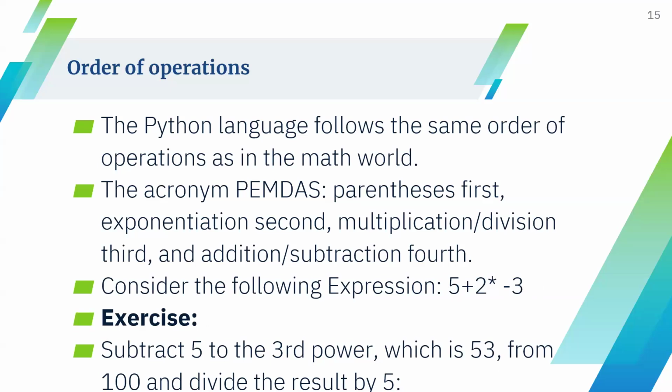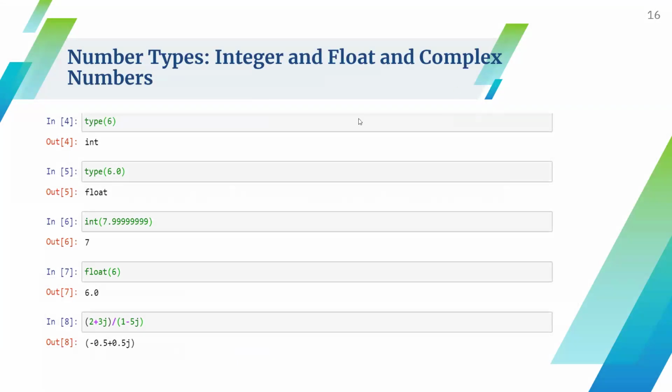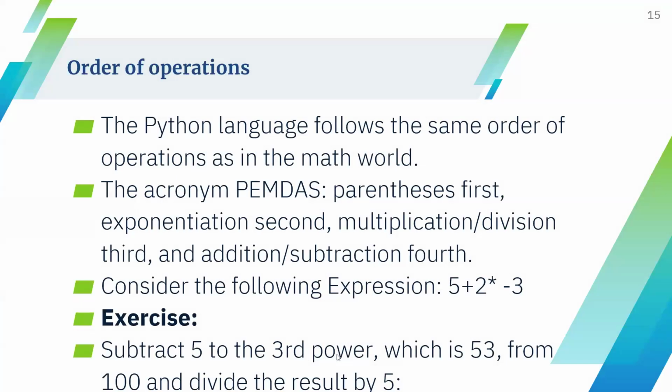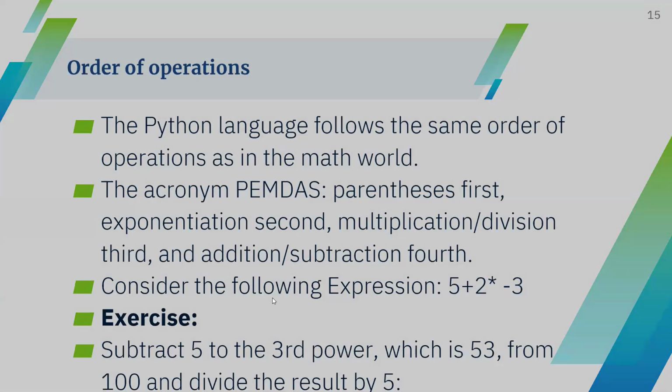You do it and tell me. Subtract 5 to the third power from 100 and divide the result by 5. That is your exercise.